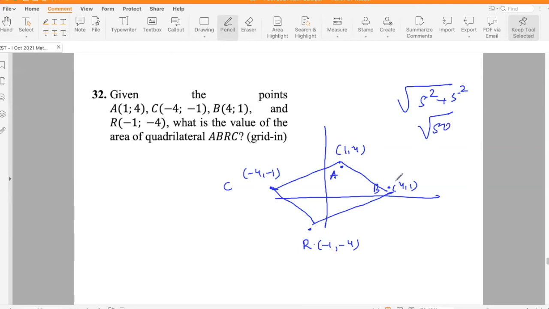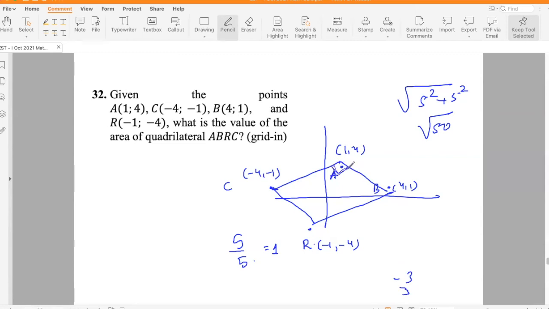No, so it's not actually a rhombus. Is it a rectangle? Let's see. So the slope of this is 5 by 5. So this is 1. The slope of this is -3 by 3. Yeah, so this is a rectangle.